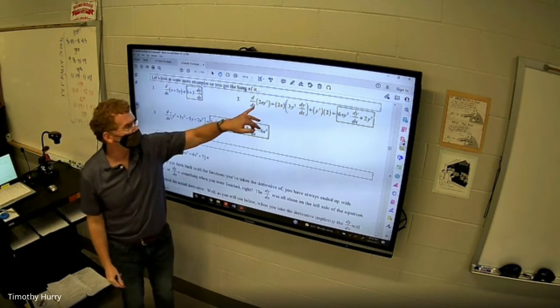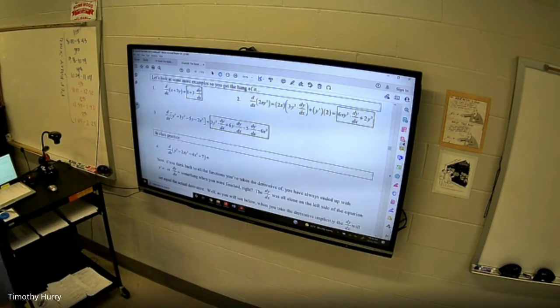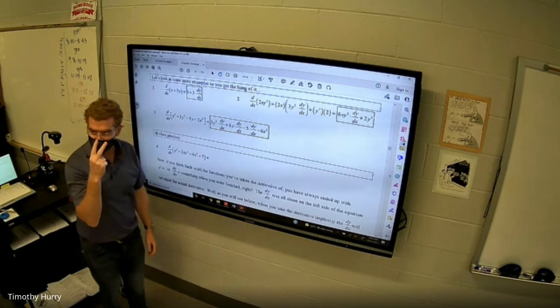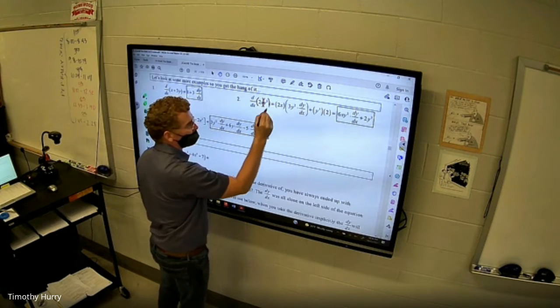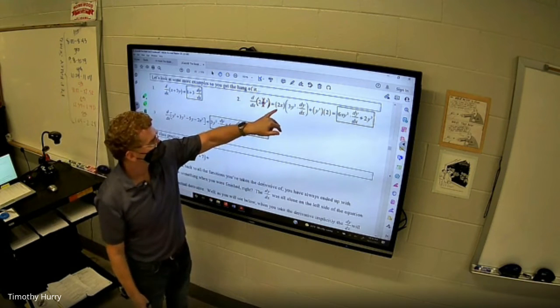Jump over to this one. What do you see here? Ooh, a product of two things. Looks like the product rule is going to be in play. So you've got to know how to do these, so lock in. If you see a product of two things that we have to take a derivative of, I'm going to go first, write it down, the derivative of the second.